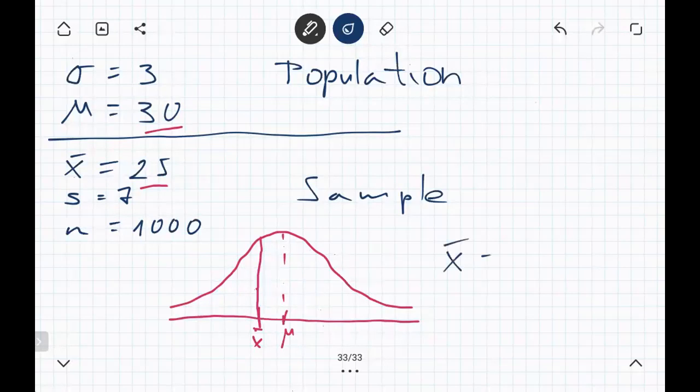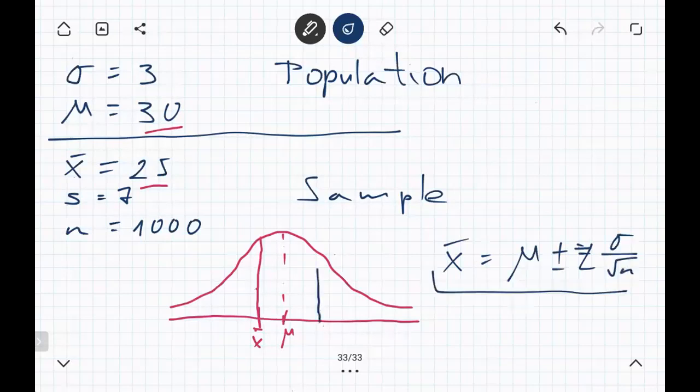So the sample mean is a population mean, and we are subtracting something from the mean value, and it will create the interval again, maybe something like this.